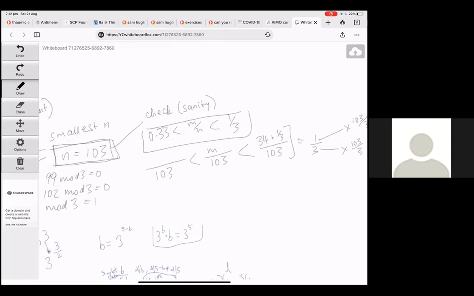And then my left-hand side has to be equal to 33 on 100, right? So to get a denominator of 103, I had to times 103 on 100 to the top.